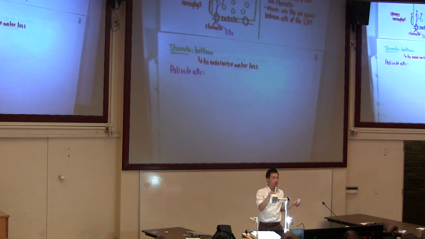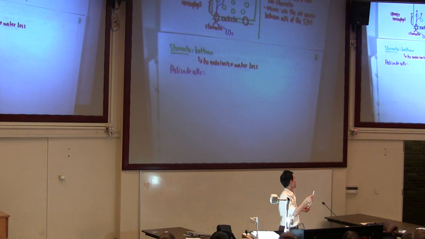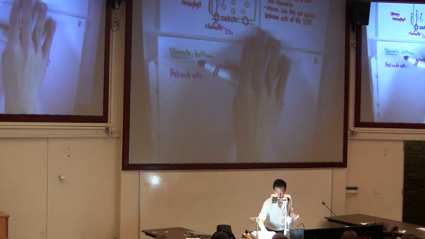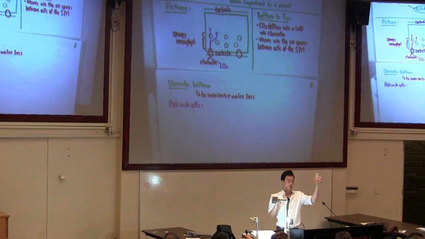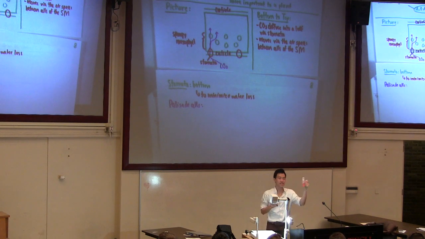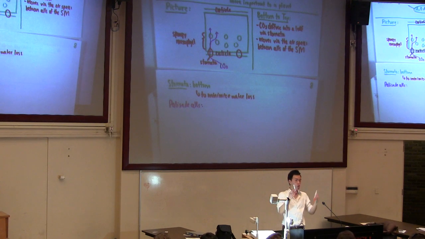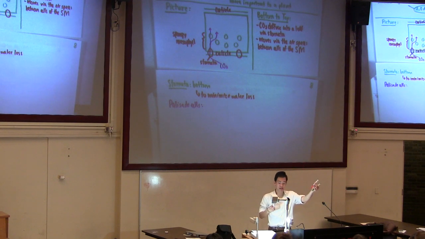Where do you want to put your palisade cells? Palisade cells are the cells that contain your chloroplasts, right? So chloroplasts are where your light independent and your light dependent reactions occur. Do you want them close to the top or to the bottom? The top to maximize exposure to sunlight, right?